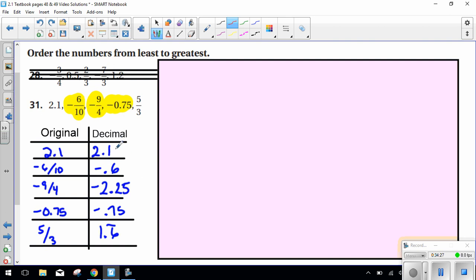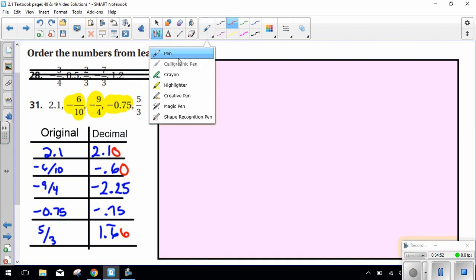So in this case, a 0 comes after the 1 because it's done. In this case, a 0 comes after this 6 because there's no bar. This is 25. This is 75. This has a bar over it, so what that means is another 6 comes after it. So now all my numbers have 2 decimal places.